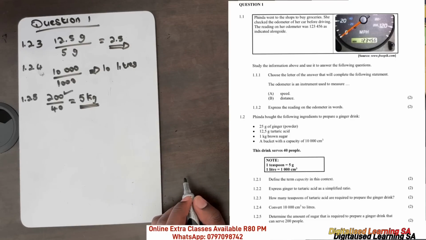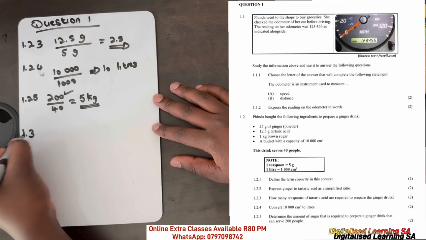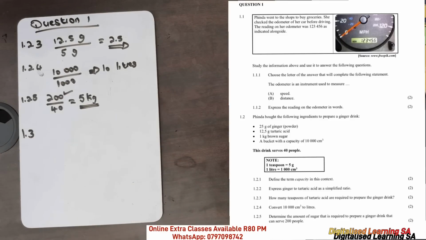Okay, so now let's move to our next set of questions, which is question 1.3. Question 1.3 says that Pinda lives in Edenvale and she visited her friend in Springs. She decided to use the national roads to travel.